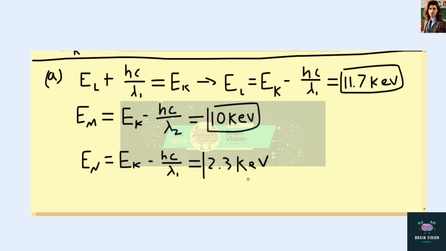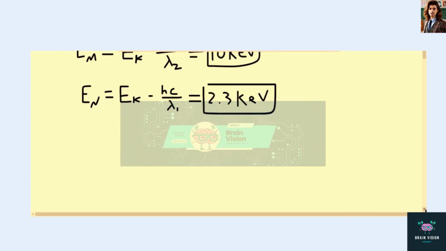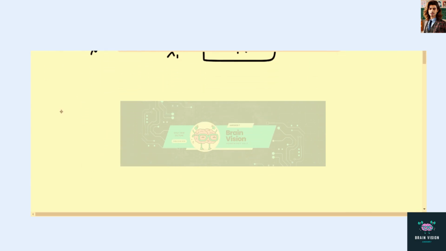Now we're asked to draw a diagram that represents this for part B. The lowest shell is going to be the N shell, and it has energy E sub N, which we had written above as 2.3 keV.